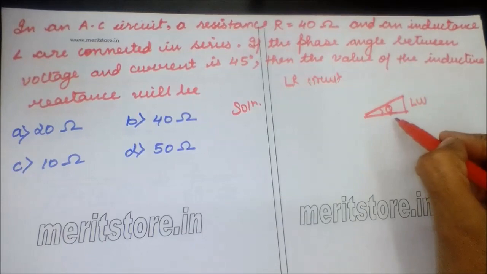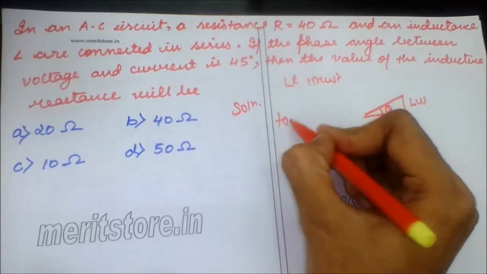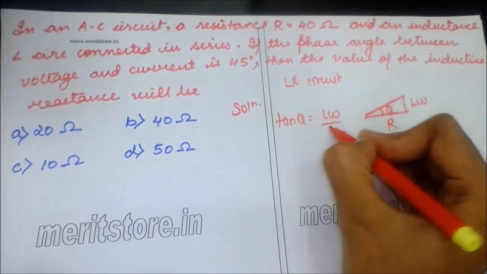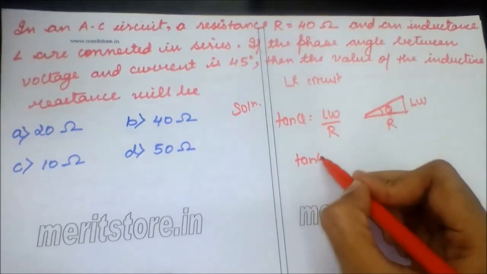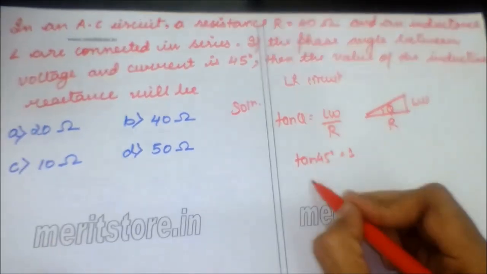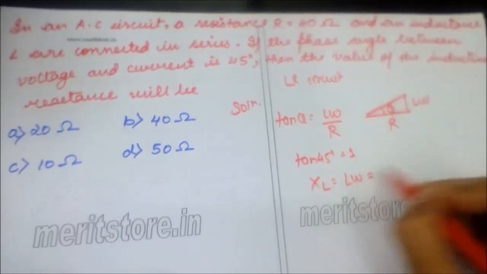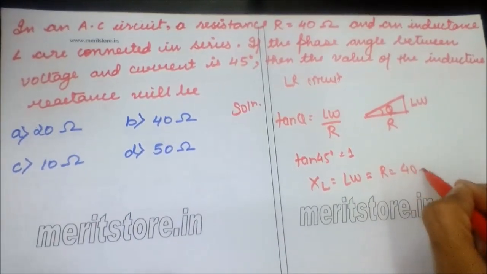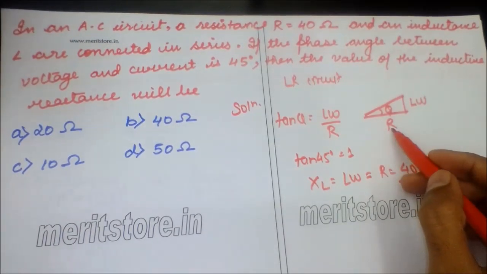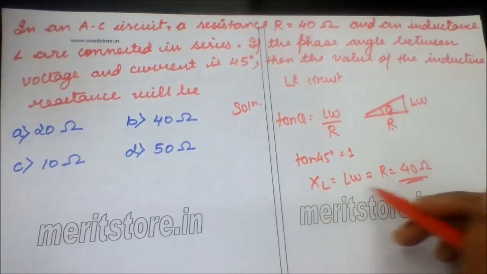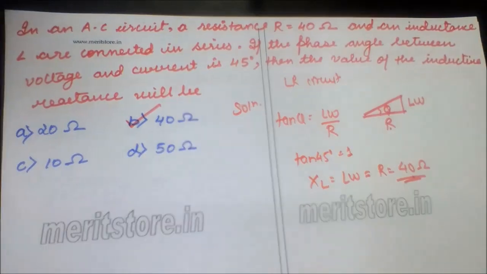For an LR circuit, tan theta equals L omega upon R, where theta is 45 degrees, so tan theta gives you 1. So the inductive reactance L omega equals R, which equals 40 ohms. Whatever the resistance is equals the inductive reactance, that is 40 ohms. So the correct option is B, 40 ohms.